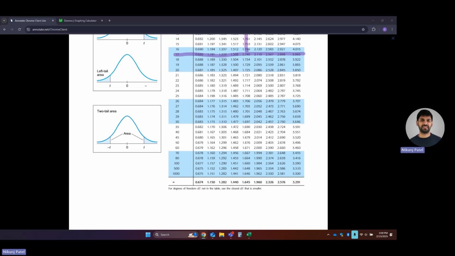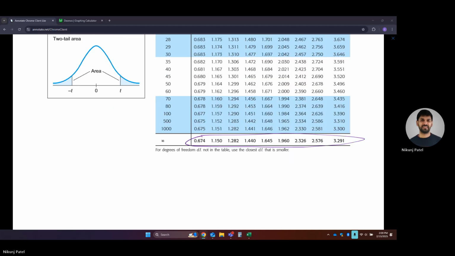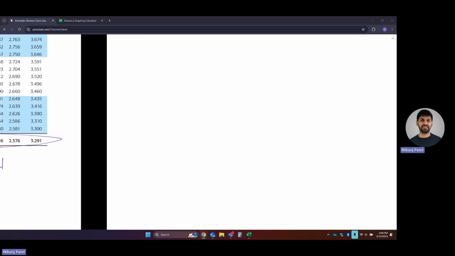So I'm just going to make a note of that. These values down here are basically your Z critical values. So as your degrees of freedom increases, our T critical values are approaching and getting closer to our Z critical values.